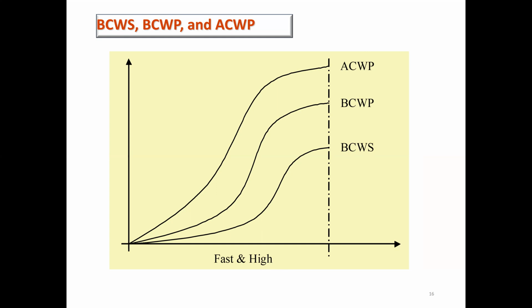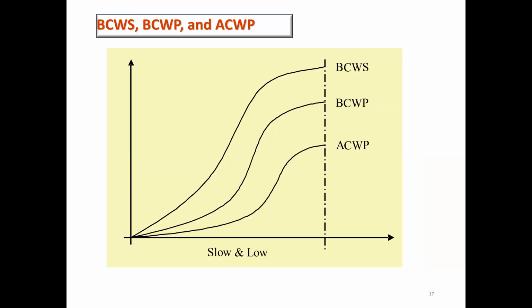So let's apply the same concept to the next diagram. In this diagram we have BCWS at the top, budgeted cost of work scheduled, PV, and budgeted cost of work performed is EV, and actual cost of work performed is AC.